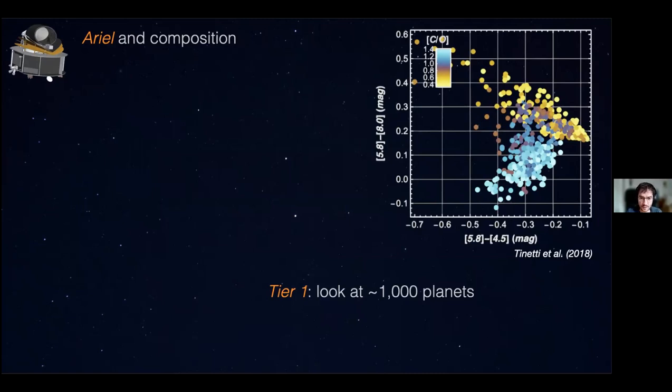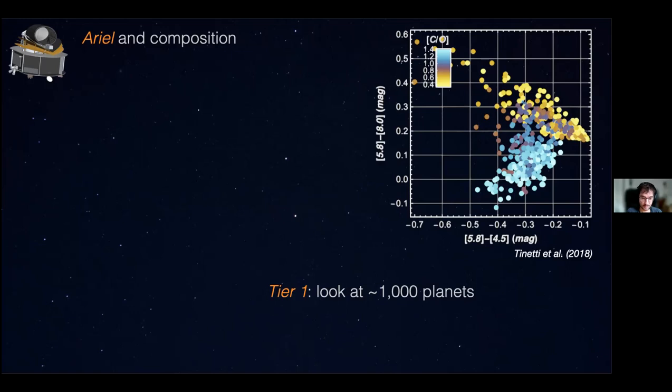So what they did here is that they took emission spectra in this case for hot Jupiters, synthetic ones, and basically rebinned ARIEL spectra to the classical Spitzer filters, Spitzer colors basically, and show that there's actually significant trends that you can expect to see as a function of the C to O ratio.